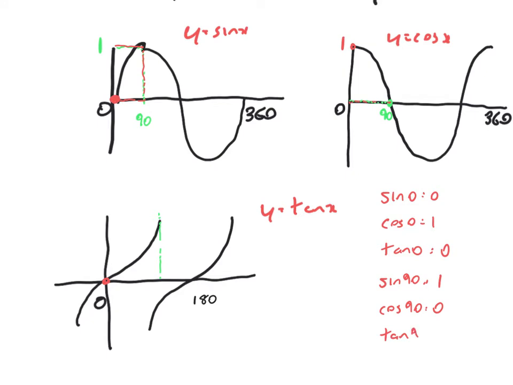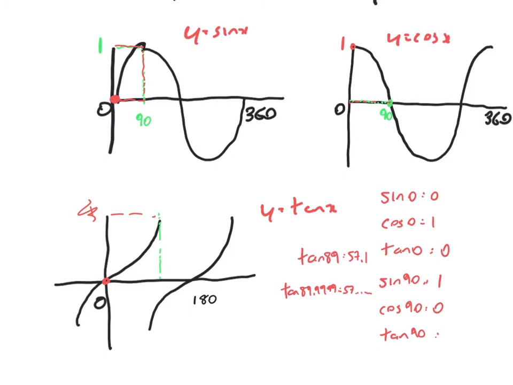Okay, tan 90, let's just unpack this one a wee bit. Now that might look as if I'm about to say that's 1. Now, if you were to put tan 89 into your calculator, you would get about 57.1. If you then put in tan 89.9999, you would get 57,000 and odd.